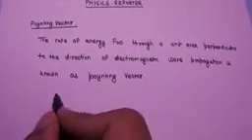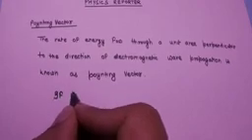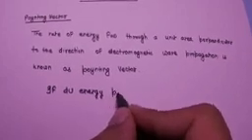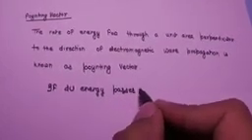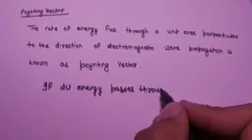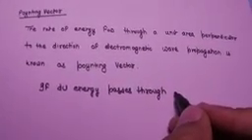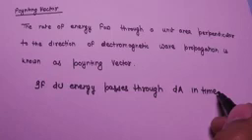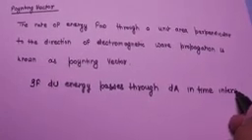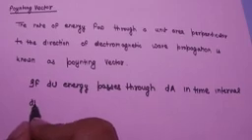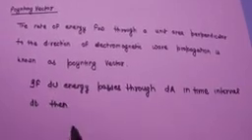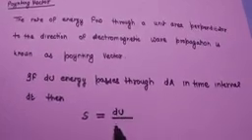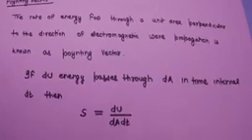If dU energy passes through a cross-sectional area dA in time interval dt, then Poynting vector S can be written as dU upon dA into dt.